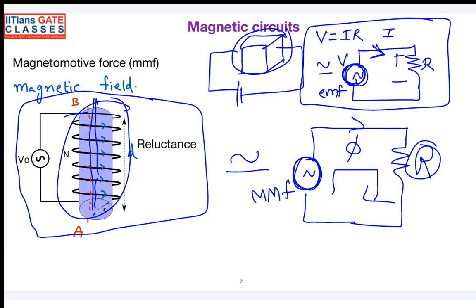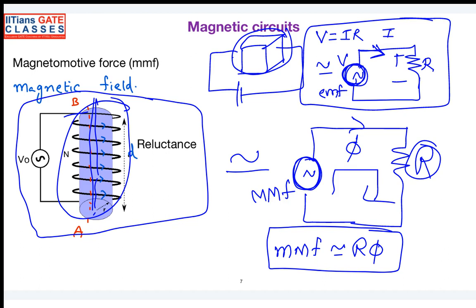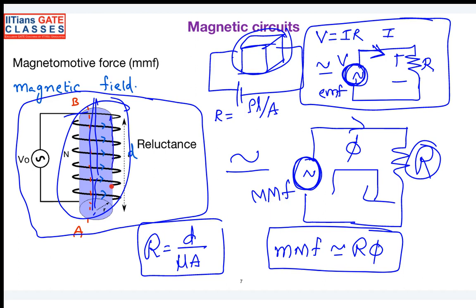So the basic Ohm's law in magnetostatics is MMF equals the reluctance times the flux. In electrostatics, the resistance is defined as rho L by A, the length of the conductor and area of cross section. Similarly, the reluctance is defined as D by mu A, where D is the length of the solenoid and A is the circular area of cross section.